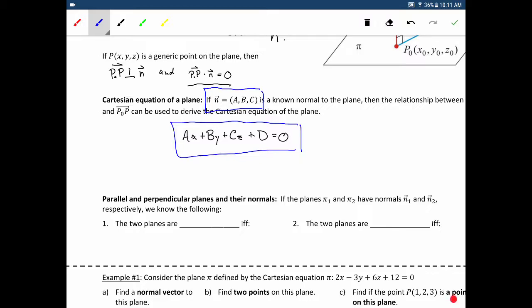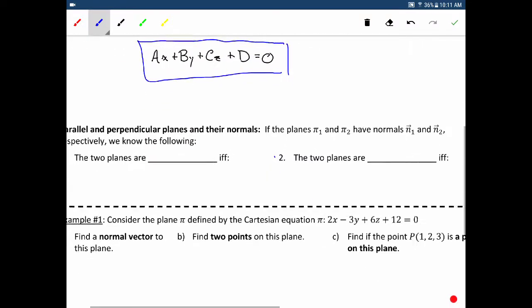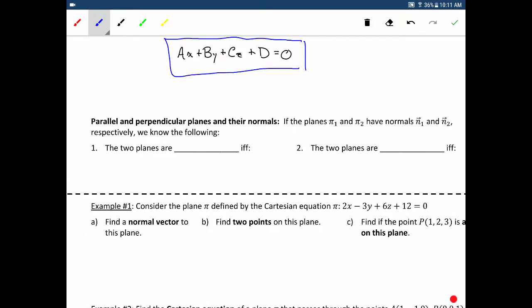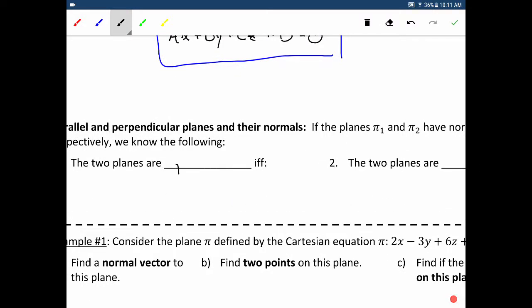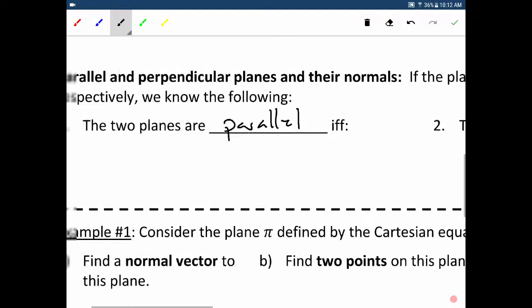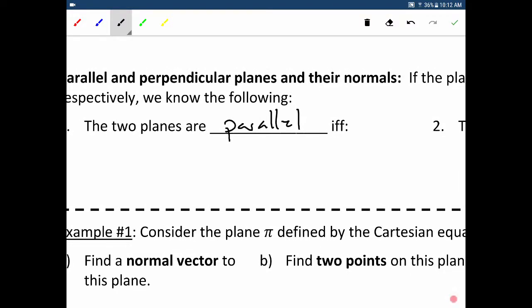Before we move on and actually use that, it is worth noting that if two planes are parallel, and you'll see this written "iff", with two f's, meaning if and only if, which means if one thing is true, the other thing is always true. That's kind of a fancy, or lazy, way to write it.